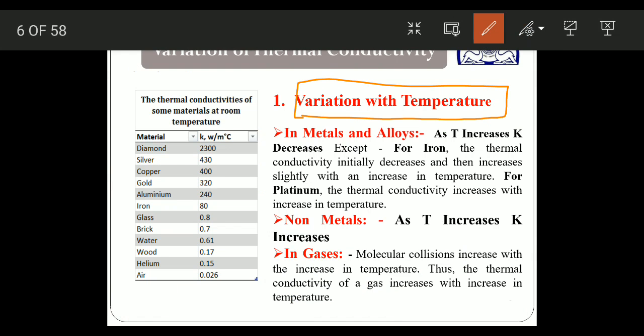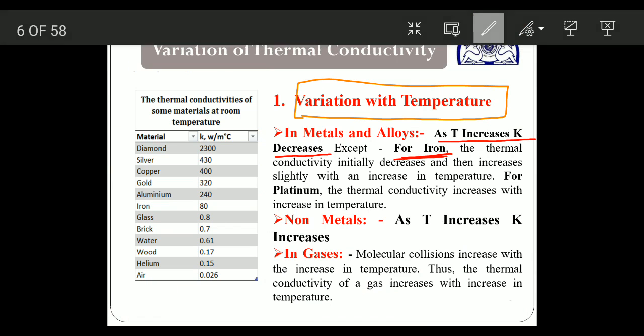Remember that as temperature increases, thermal conductivity decreases in metals, except for iron. In iron, as temperature increases, thermal conductivity also increases. But for all other metals, as temperature increases, thermal conductivity goes on decreasing. Now let us see why this happens.